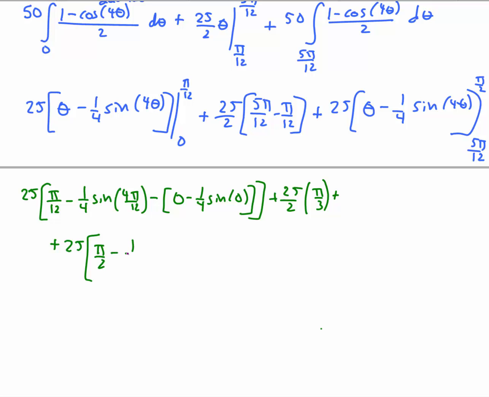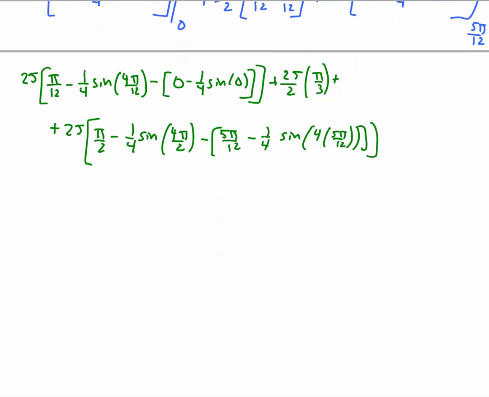So I have pi over 2 minus 1/4 sine of 4 pi over 2. 5 pi over 12 minus 1/4 sine of 4 times 5 pi over 12. Close parenthesis, close bracket, close bracket.